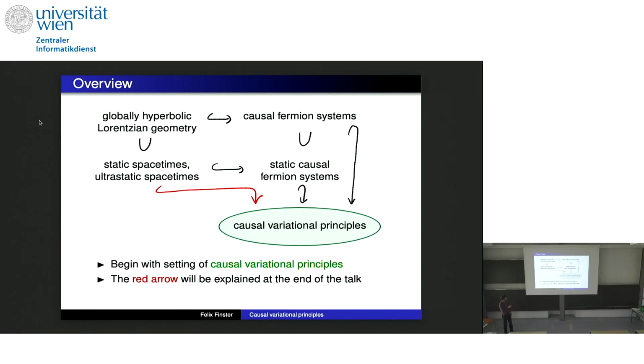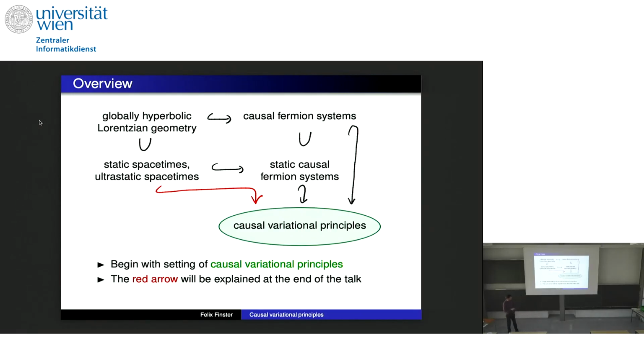Then on the left side, we have static spacetimes or ultrastatic spacetimes, and correspondingly on the right, we have static causal fermion systems. And the setting here can be embedded or generalized to what we call causal variational principles. And simply, we don't use all the structures, but only a subset of them. And this is quite a nice and convenient setting to work in, as we will see.